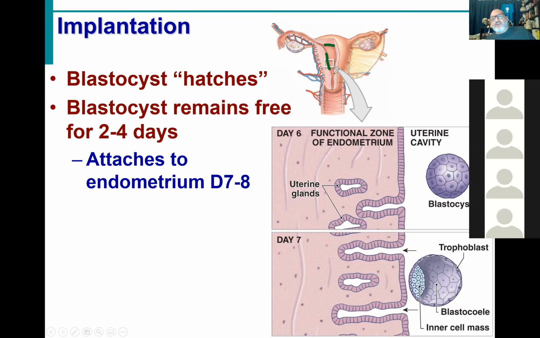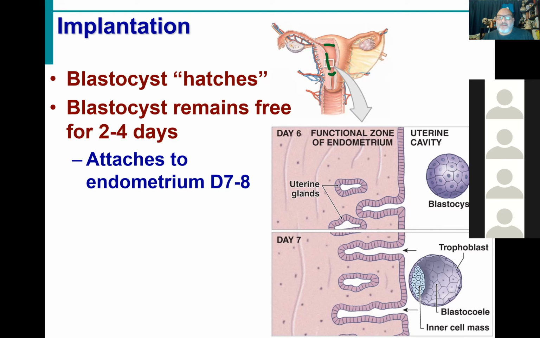If it occurs too close to the cervix, then as the placenta forms, the placenta can actually form over or too close to the opening of the cervical canal. And then when dilation would occur in anticipation of giving birth, that could actually cause the placenta to rupture, causing serious problems for both mom and baby.